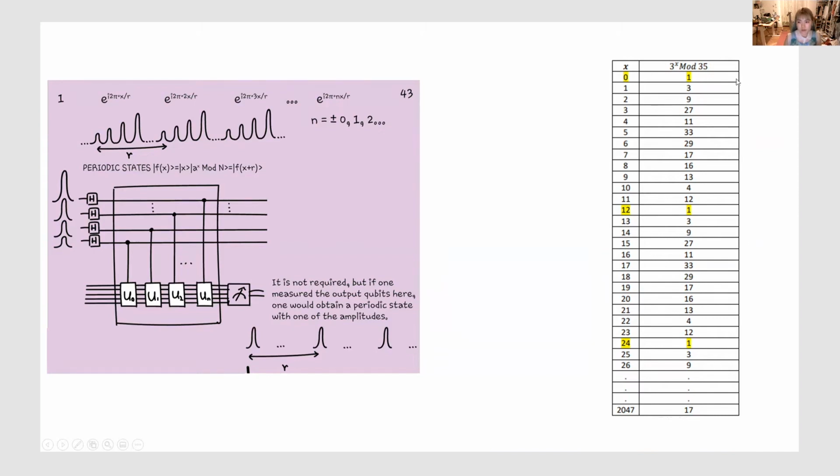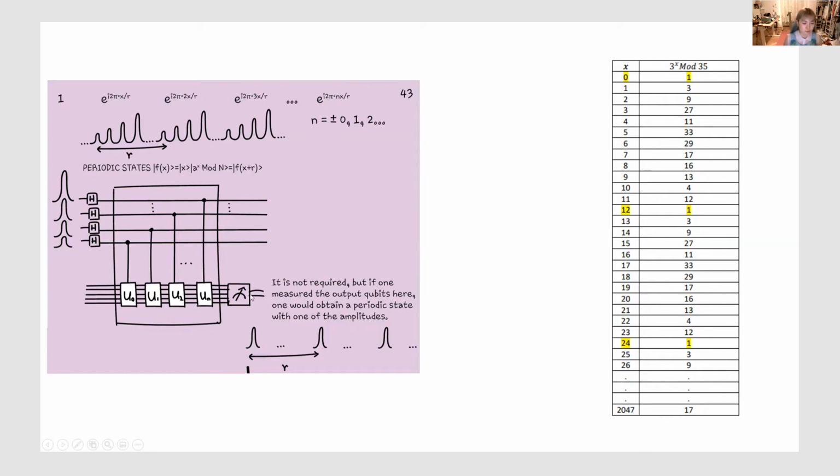But then if it's 1, there are multiple contributors. X could be 0, could be 12, could be 24. So you will get these peaks with that single amplitude left out, but it's still a periodic wave function. That just says if you measure it, all of the other possibilities might be canceled out because of the measurement, and what you're left with is one of them, but it doesn't really change here.